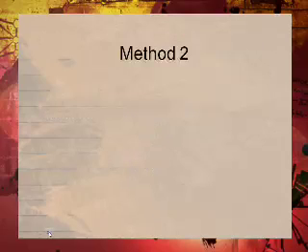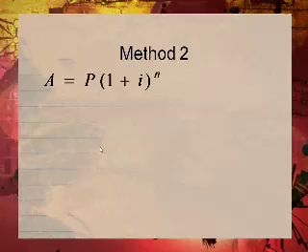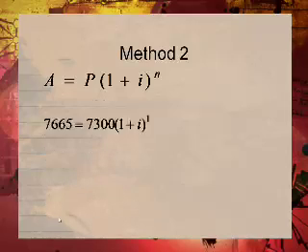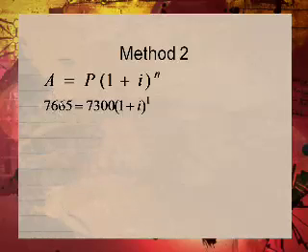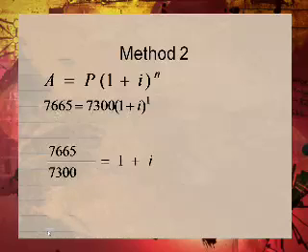Now, method 2, I use it as compound. I realize that the table means compound. I take the same A after the first year, 7665, and this is my initial amount, 7300. Then I need I. From here to there is a difference of 1 year. So I put it in my compound interest formula.